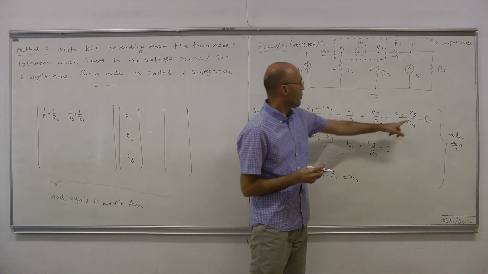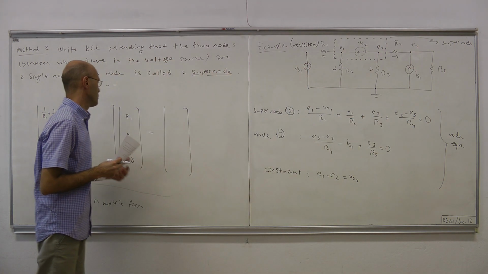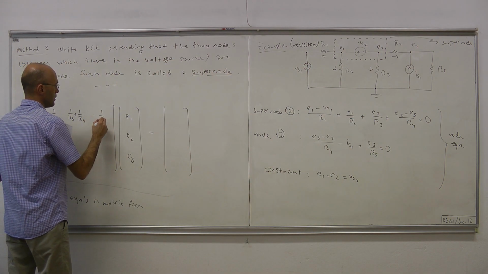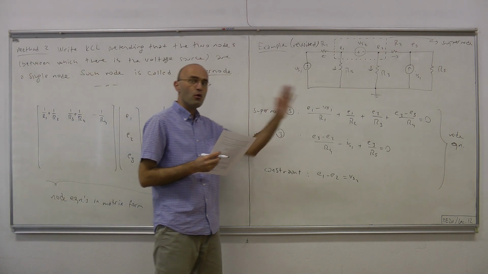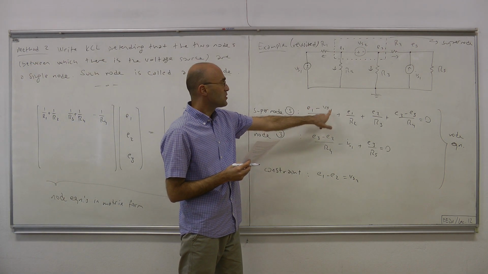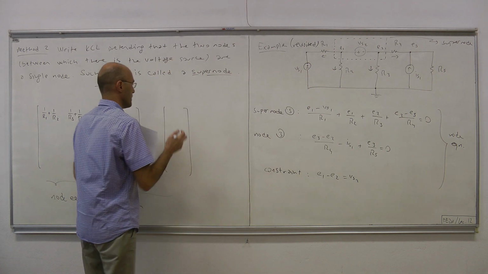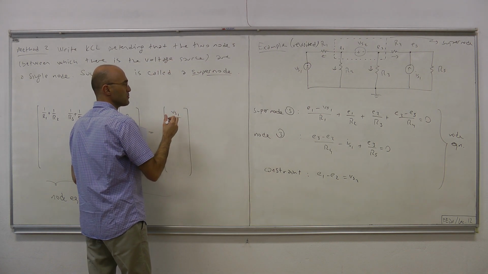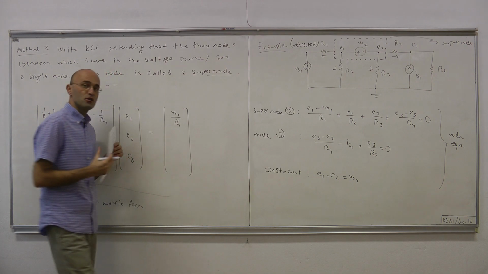And finally, for E3 we have minus 1 over R4. And what remains, we throw to the other side, and what remains is minus Vs1 over R1. Okay, on the other side it becomes plus Vs1 over R1. So that's the first row.